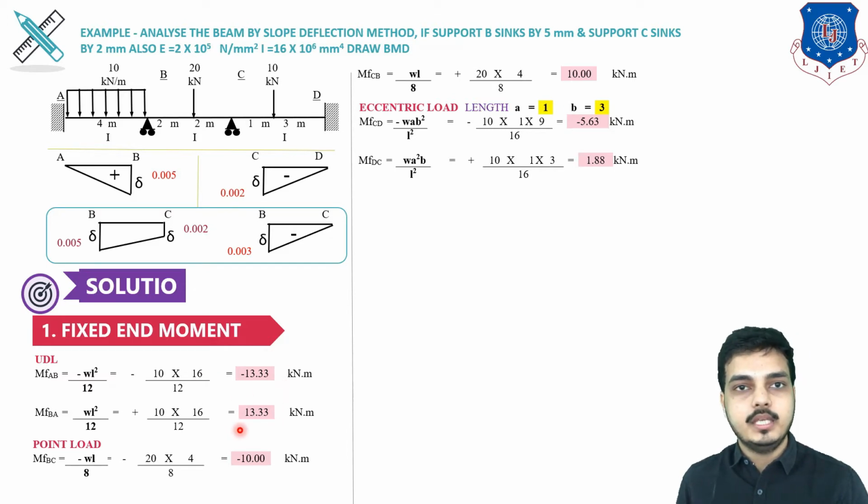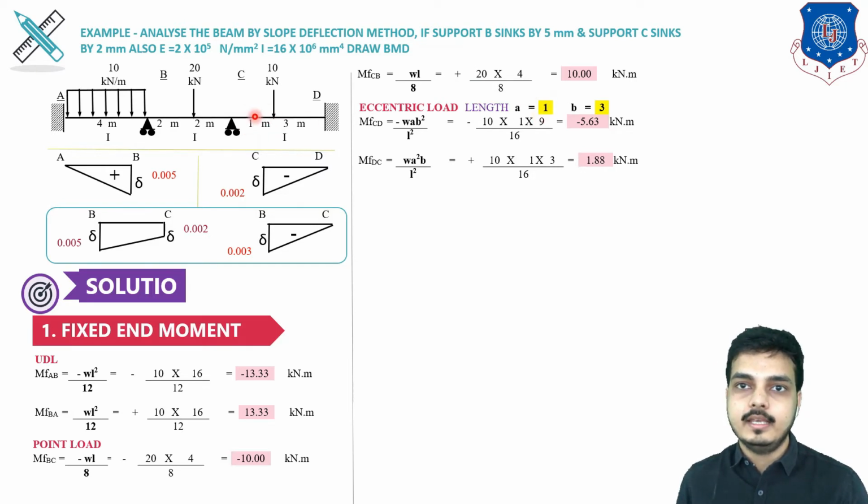Similarly MFBA will be plus 13.33. For point load it is WL by 8; for MFBC it is negative, for MFCB it is positive. So we put 20 as the load, 4 as the distance, divide by 8, we get minus 10. Similarly here, plus 10.